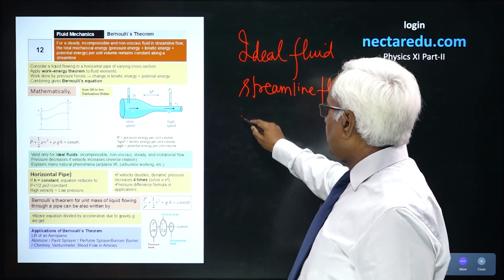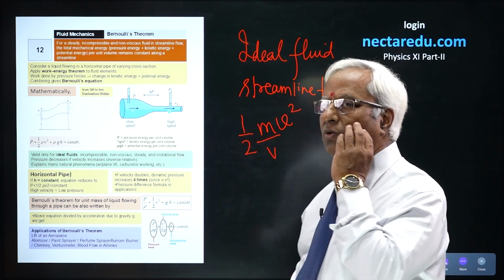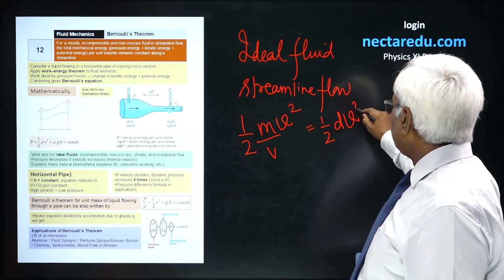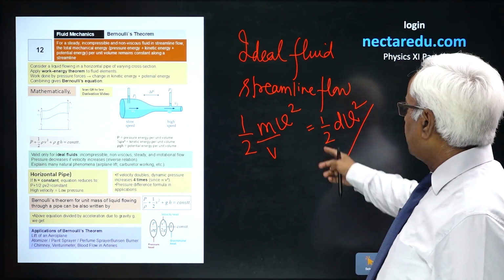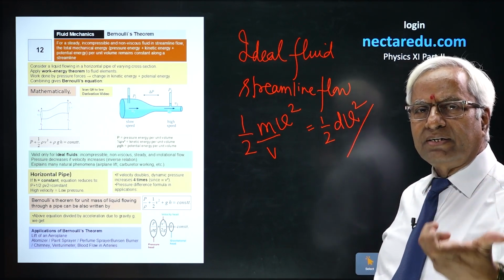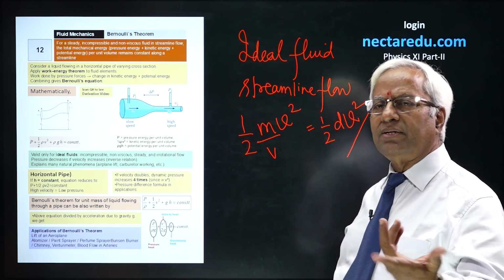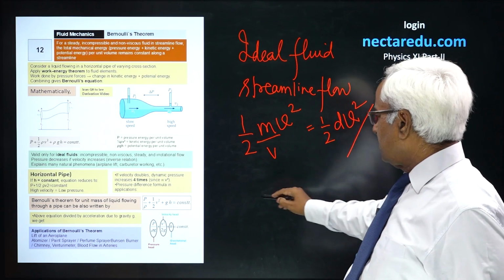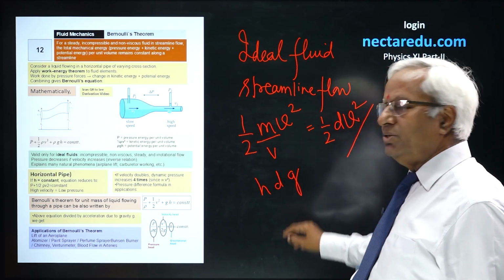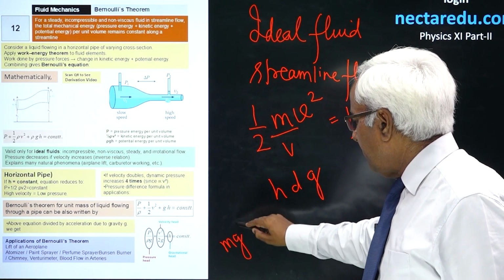If you take the term kinetic energy and divide the whole thing by volume, you'll get half dV square. So, this becomes kinetic energy per unit volume. To be more precise, you could use the term kinetic energy density, because divided by volume is another name of density, mass upon volume. Likewise, you have the potential energy mgh.